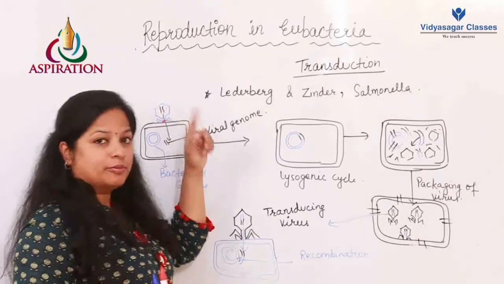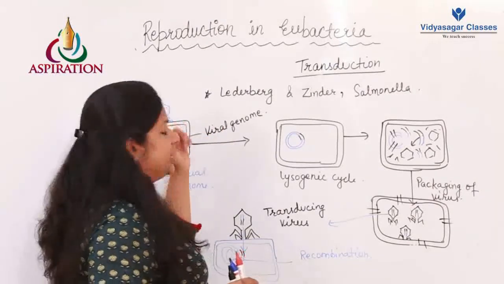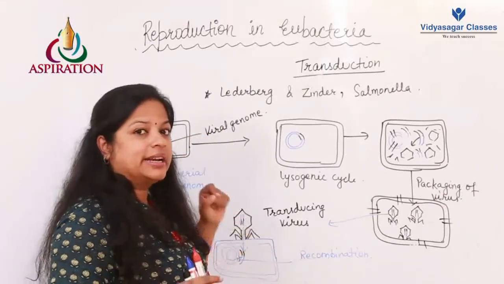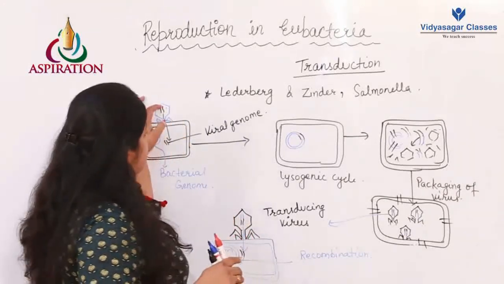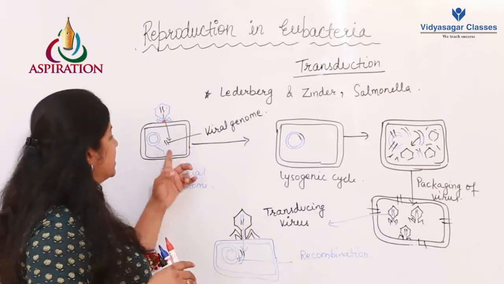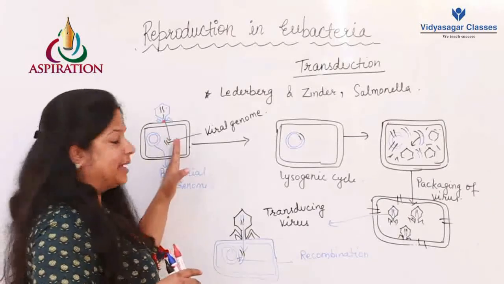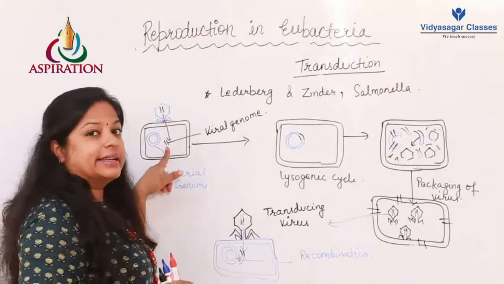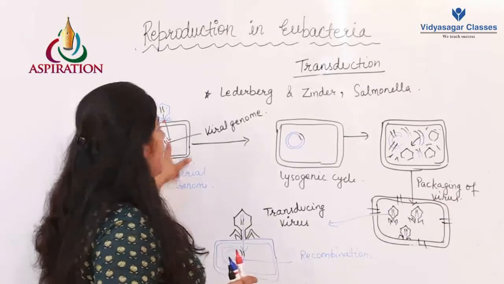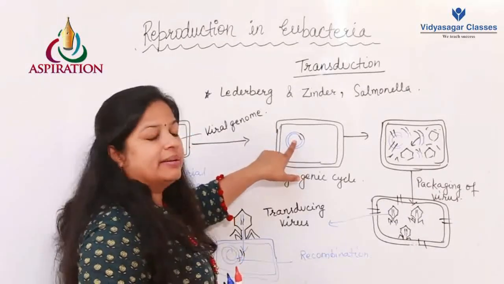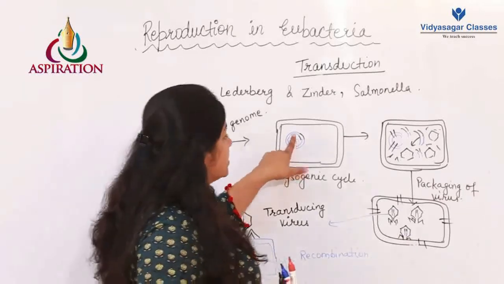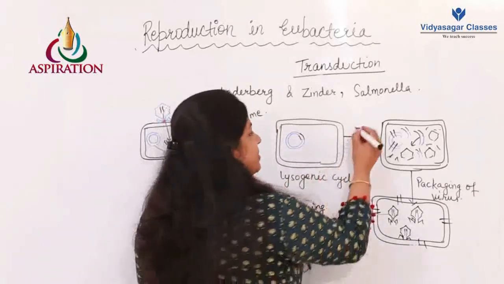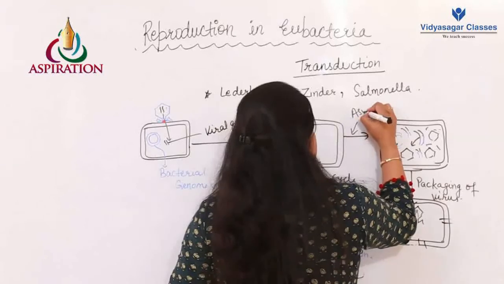The head is made up of protein and contains the nucleic acid, which is double-stranded DNA here. When this bacteriophage infects the bacteria, it introduces its nucleic acid inside, which gets integrated with the bacterial genome, sometimes due to asymmetrical excision.